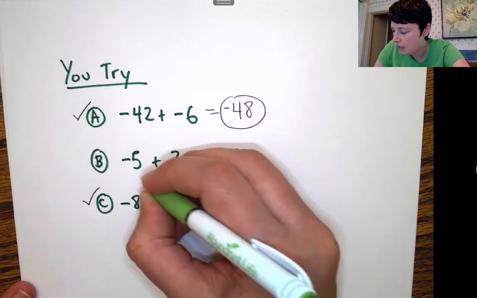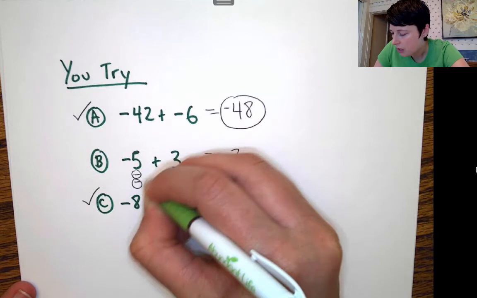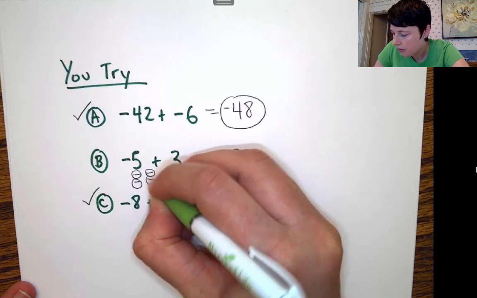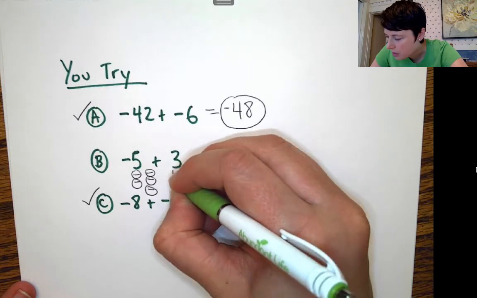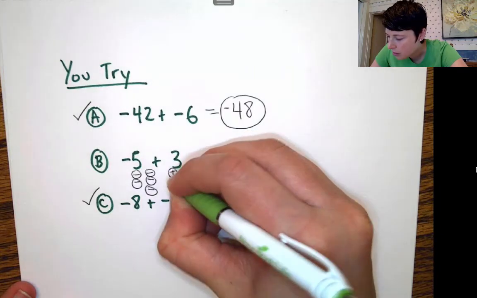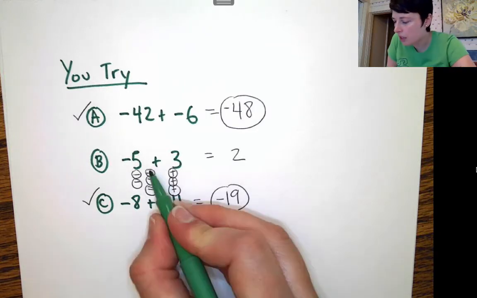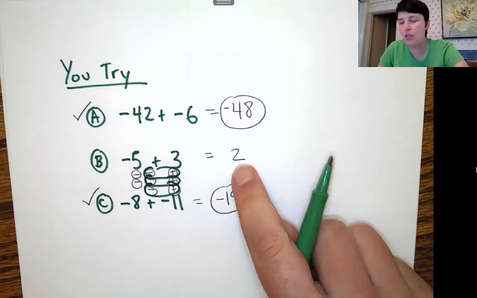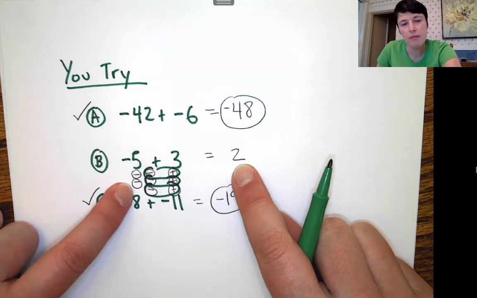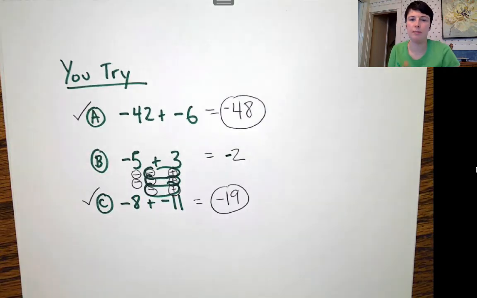You would have, let's see, 1, 2, 3, 4, 5. I have to draw them real small there. There's 5 negatives and 3 positives. 1, 2, 3. What I'm noticing is that the 0 pairs are going to go away. I see the 0 pairs. And the last 2 that are left over, they're right there. They're negatives. So I better have a -2 for my answer.